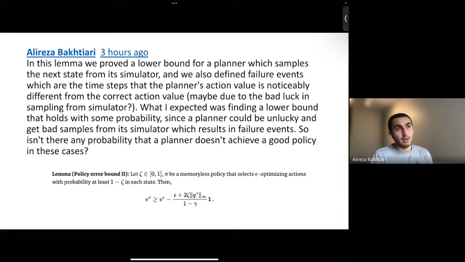And I was wondering if those events happen too much to the planner, then the performance would be very bad. But I think the key answer was that first, V pi is an expectation, and then the effective horizon and the lambda dampen the effect of those bad events. And yeah, now it's solved for me. Thank you.